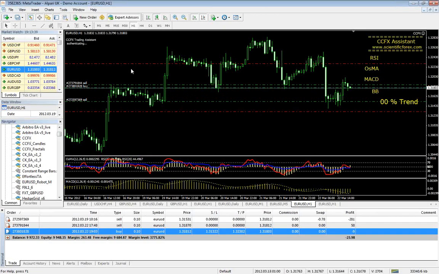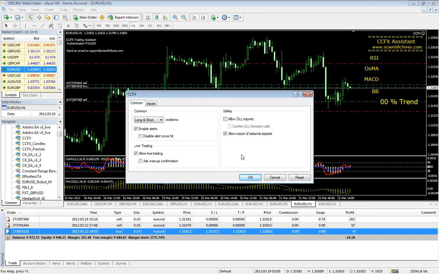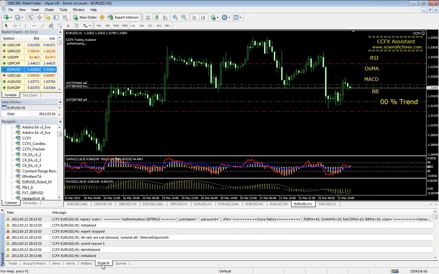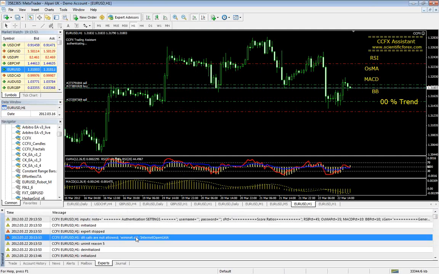So just watch right now. If I put it here, I have authentication failed. If I have this allow DLL off, I will have authenticating for infinite time because it waits for DLLs to be allowed. And you have this error message in the Experts tab.